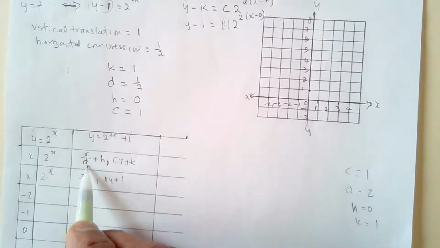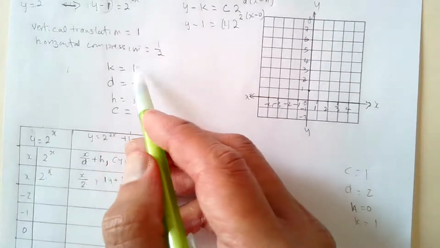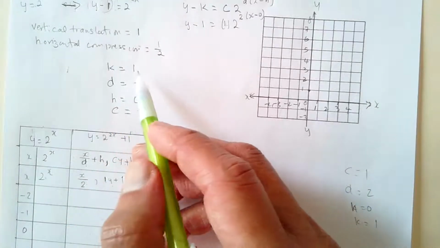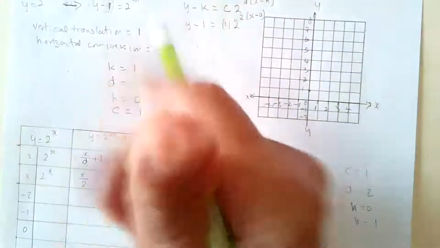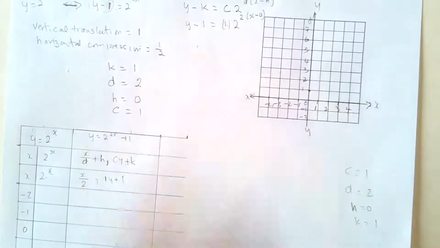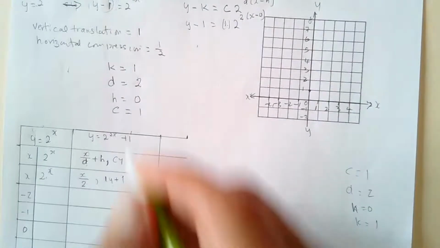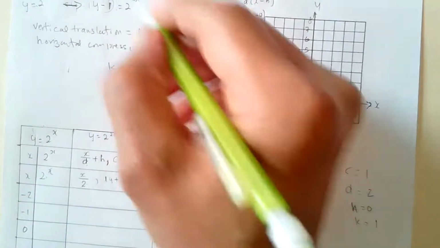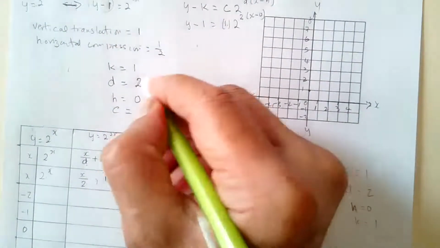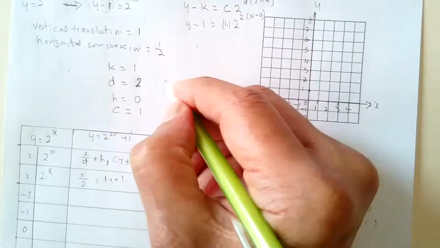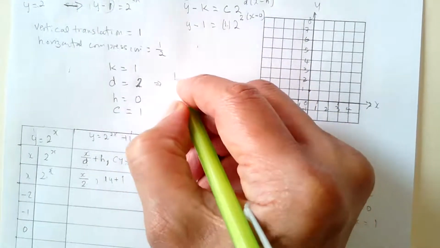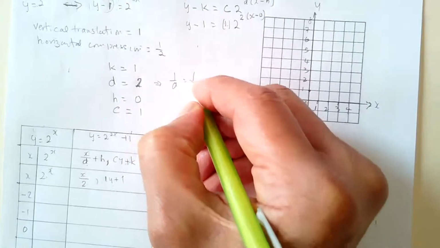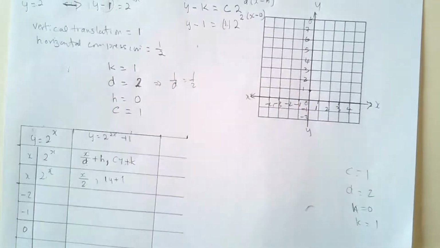Now, x over d would be, oh, sorry, d is 2. Correction, so d is 2. I was just jumping the gun: your compression is 1 over d, which is 1 over 2. But I haven't done that.